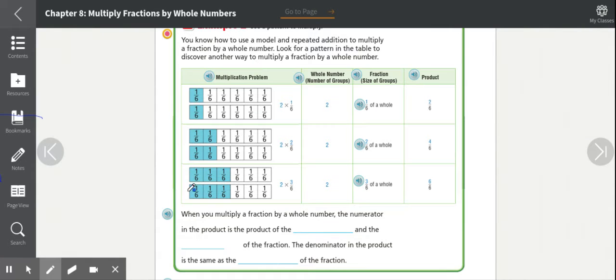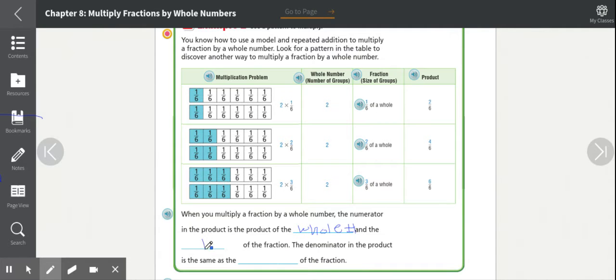So this is 2 groups of 3/6. So 2 times 3/6 equals 6/6. So that's why, and you can see that 6/6 total are shaded. When you multiply a fraction by a whole number, the numerator in the product is the product of the whole number, because that's what we are multiplying by, and the numerator of the fraction.